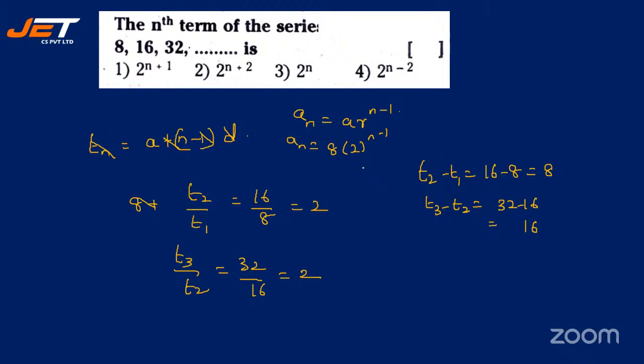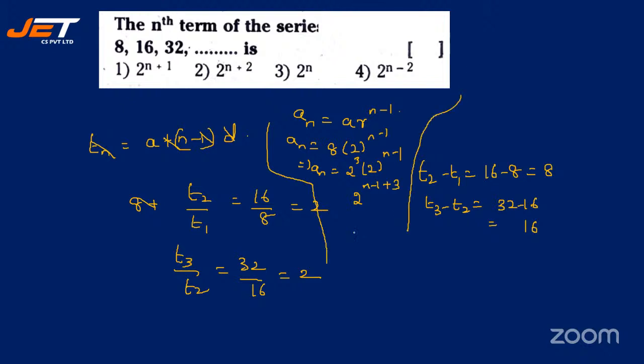All right? Yes. So now what answer do we get out of this? An is equal to, we can write 2 cube, 2 to the 4, 4 to the right, into 2 to the power n minus 1. So 2 to the power n minus 1 plus 3, right?